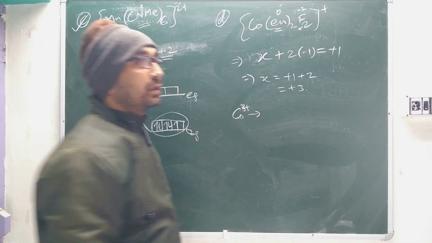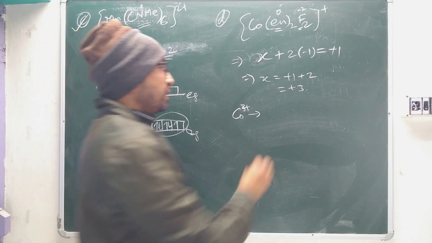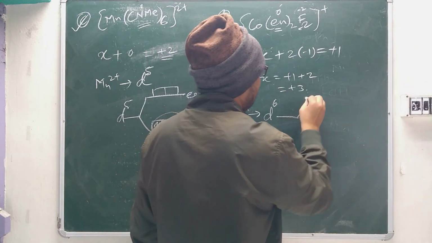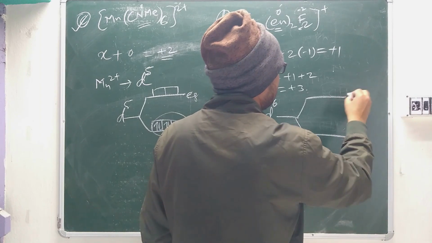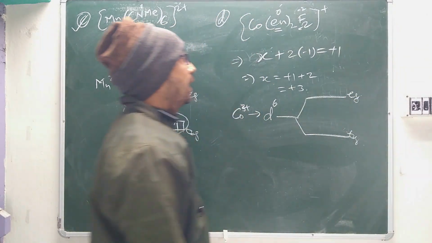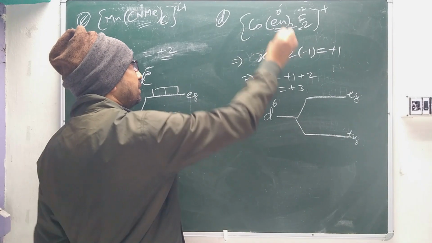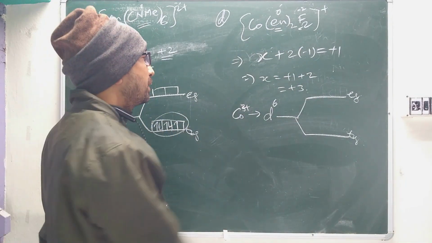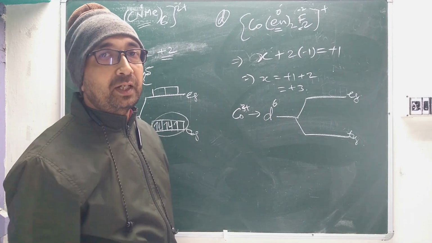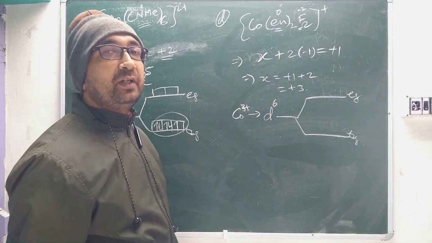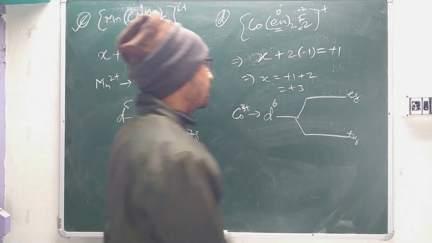What will be the number of electrons in d? It will be d6, correct? Now you just see the arrangement. It is t2g. This one is easy. It behaves like a strong field ligand. Whenever cobalt is in 3 plus and a nitrogen containing ligand is there, it will act as a strong field ligand, and then the pairing up will take place.